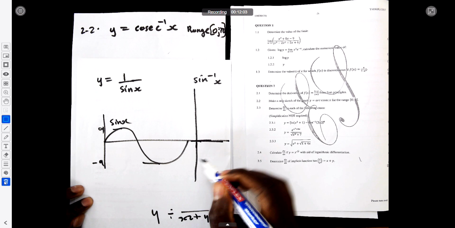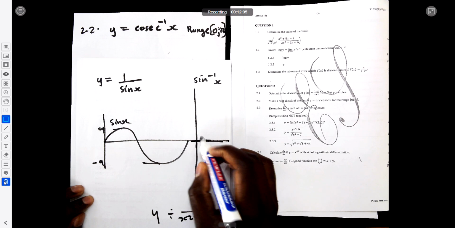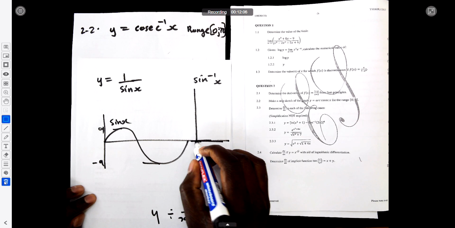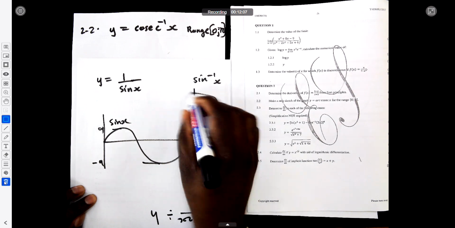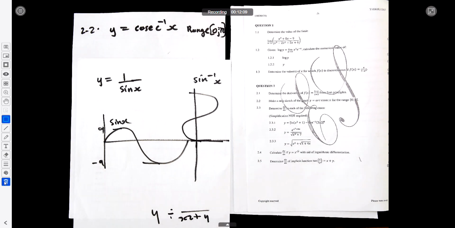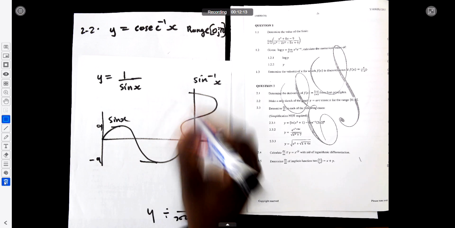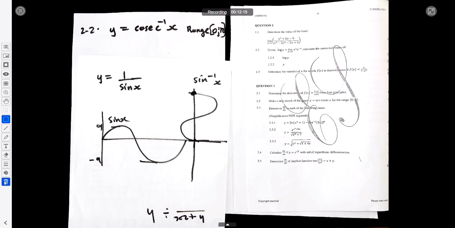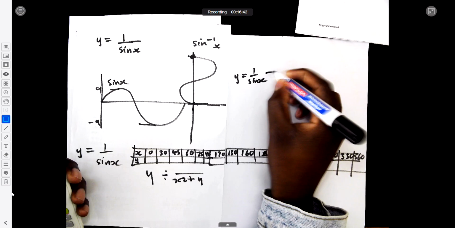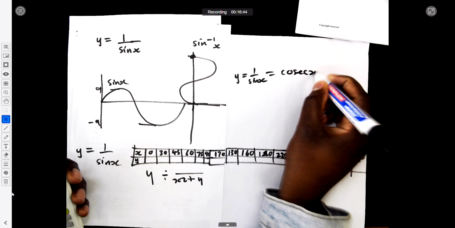It will start in this format, fluctuate in that way and complete 360 degrees. That is the graph, which is cosec x.